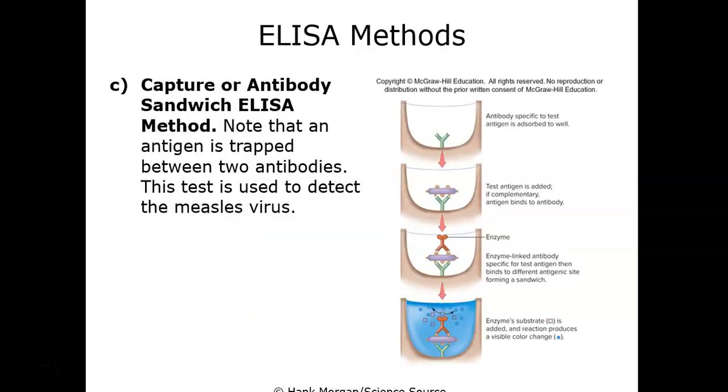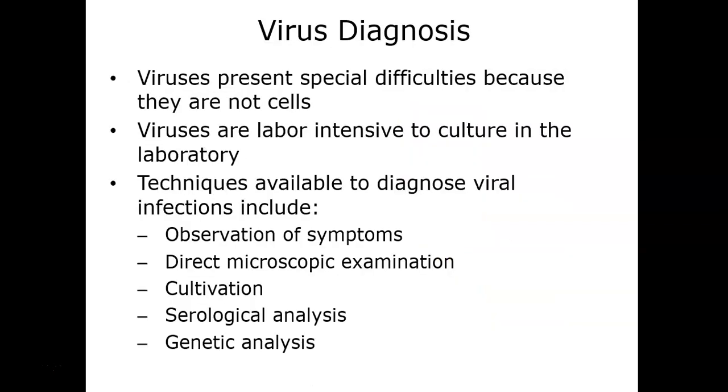The capture or antibody sandwich ELISA method, basically the difference is that the antigen is trapped between two antibodies. And this is often used, it's a variation of the indirect method that's used to detect measles.